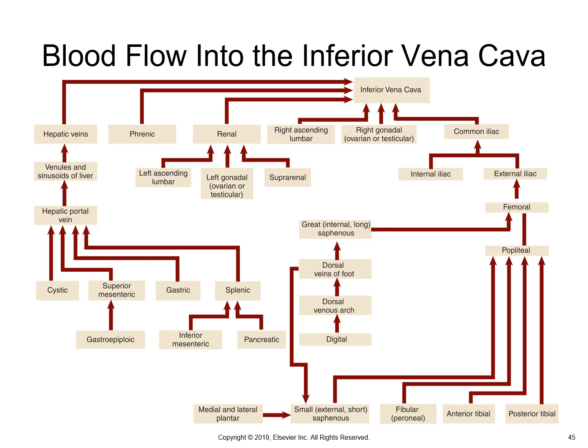It collects blood from various tributaries, including veins from the legs, the pelvis, the abdomen, and some parts of our thorax. So the IVC empties into the right atrium of the heart, completing that systemic circulation that we talked about earlier in our session today.